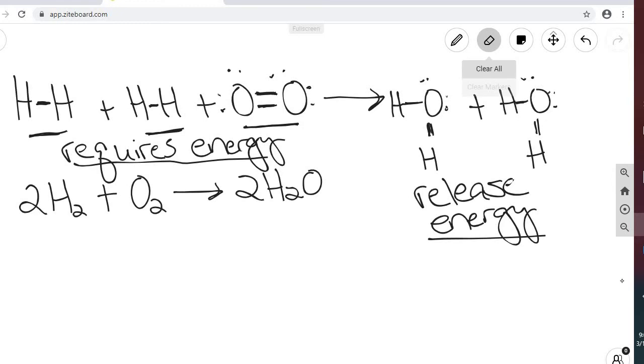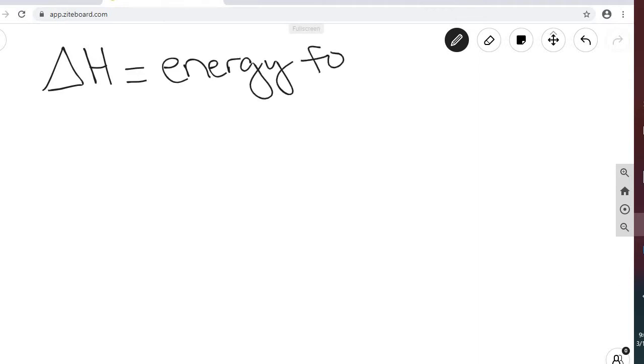So if we think in terms of delta H, or the enthalpy related to a chemical reaction, delta H is going to equal the energy for breaking bonds minus the energy for making bonds.